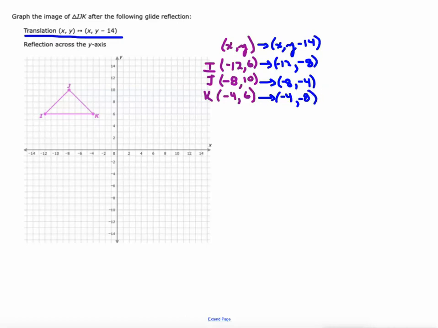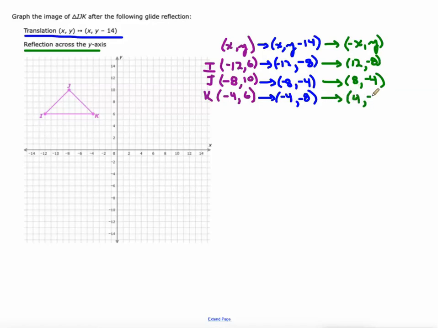But we're not done because we also need to do a reflection across the y-axis. The rule for that, a reflection across the y-axis, is (-x, y). That means take the opposite of x and leave y what it is. So in this case, opposite of -8 is +8. Leave the y as a -4. Opposite of -4 is +4. Leave the y as -8.